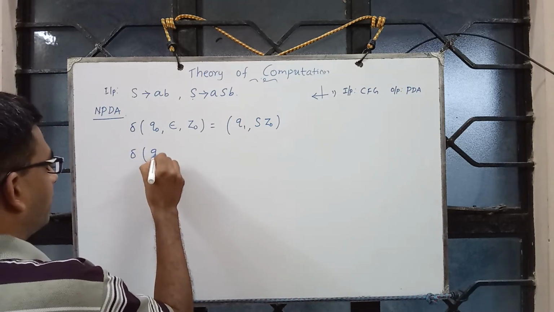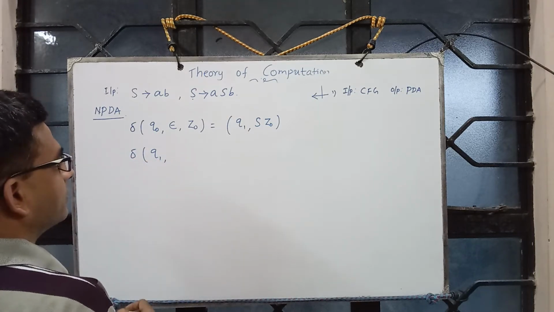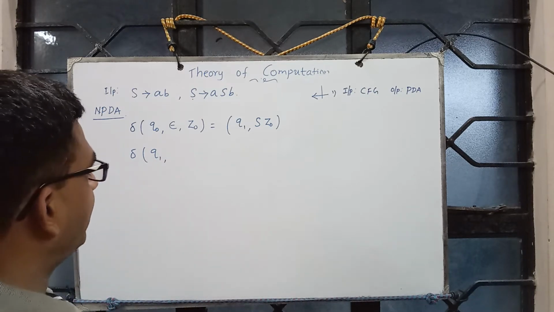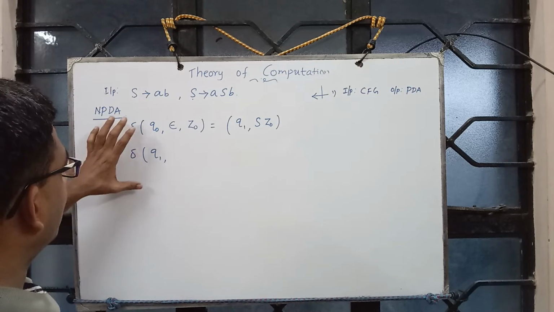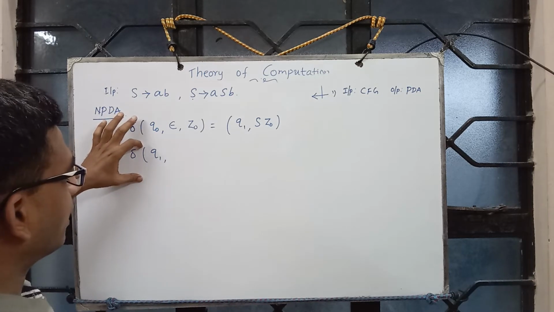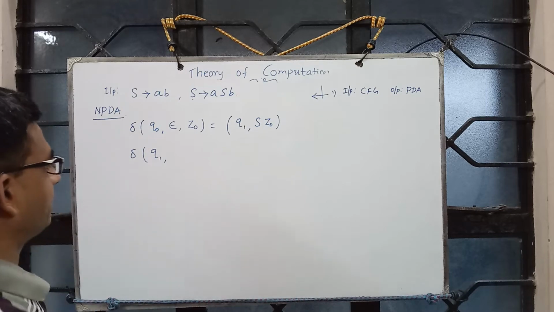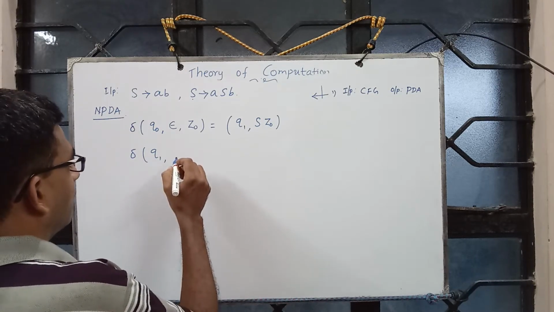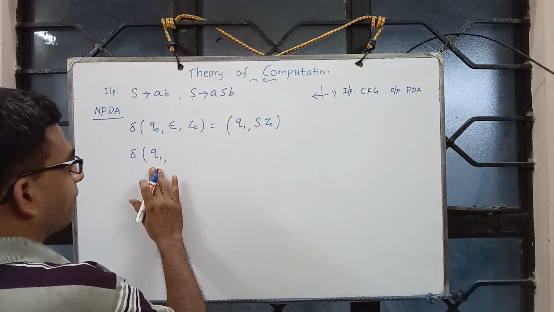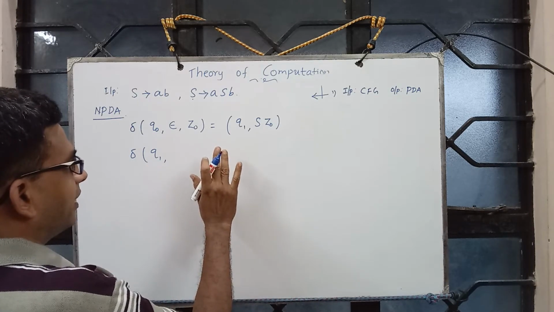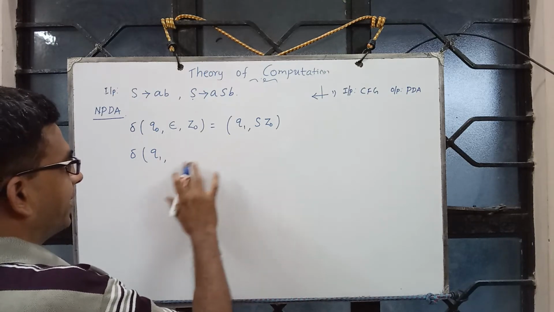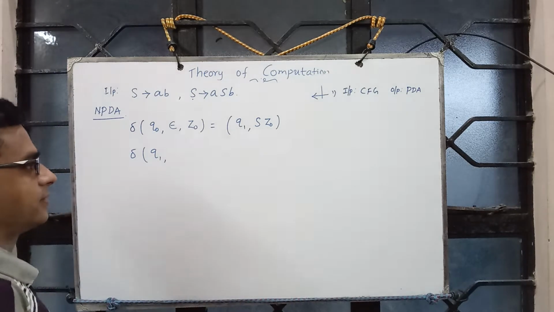Next, we need to replace, right? So this is where we have to bring in our simulation part. Now you are in Q1, the top symbol will be S. How do you replace S?